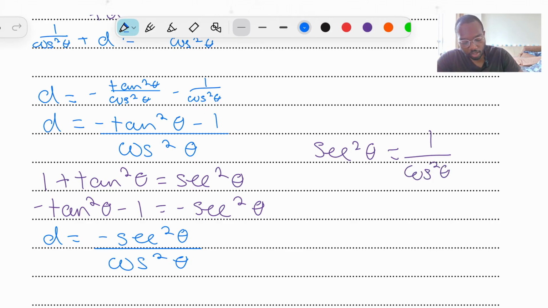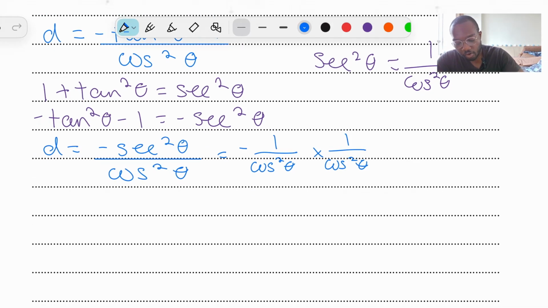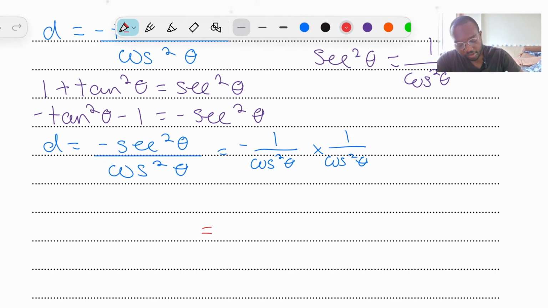So in our question, that's the same as saying a minus 1 over cos squared theta, and that will be divided by cos squared theta, which is the same as timesing by 1 over cos squared theta. Therefore, working this out gives us our d, and our d would be a minus 1 over cos to the 4 theta.